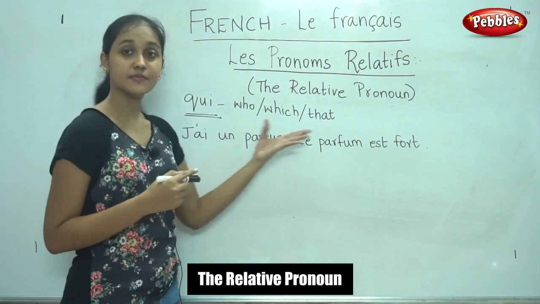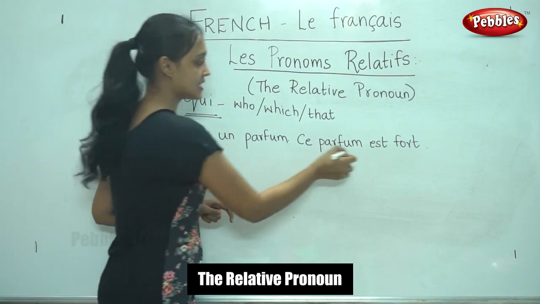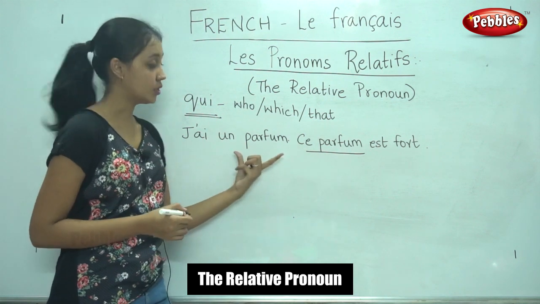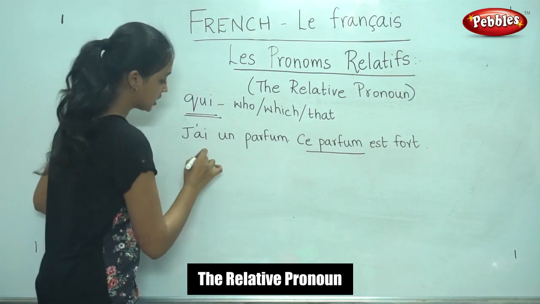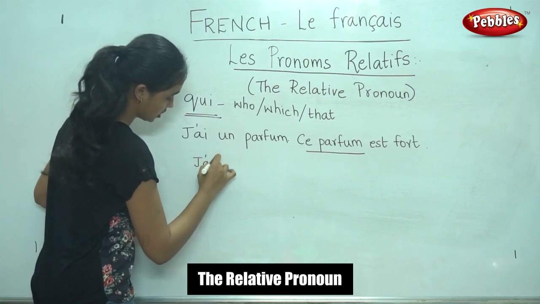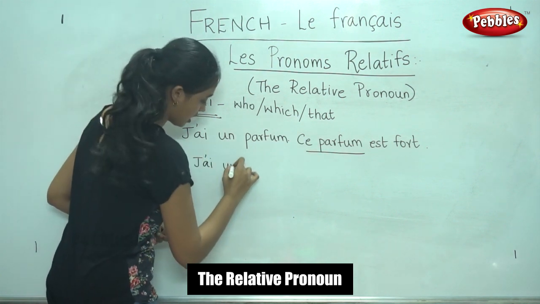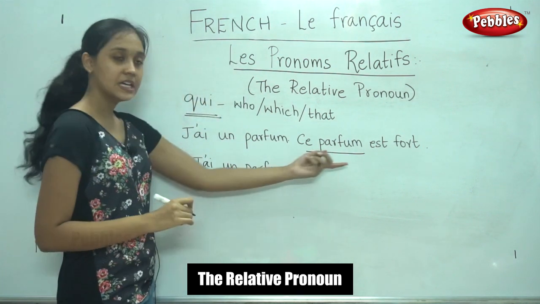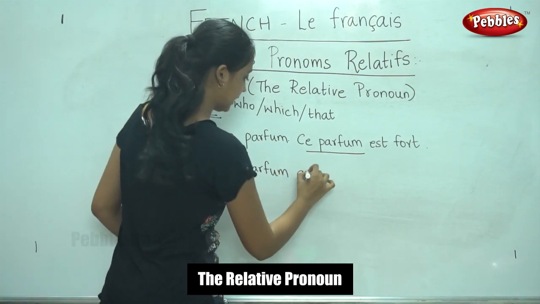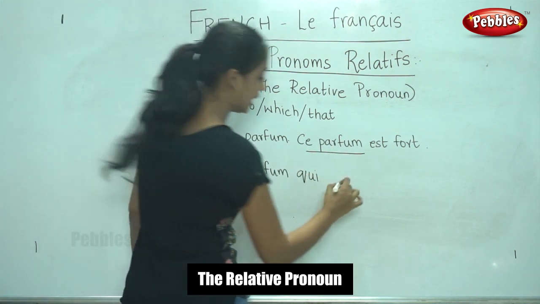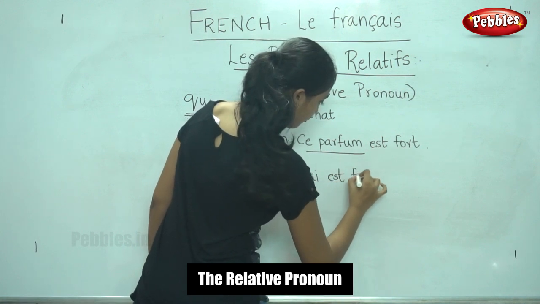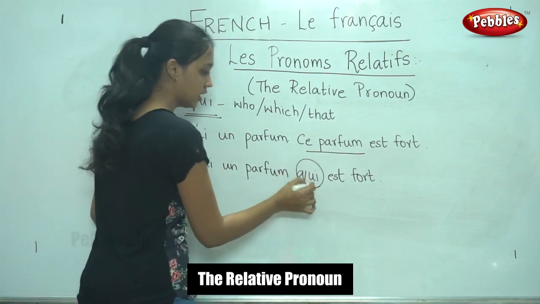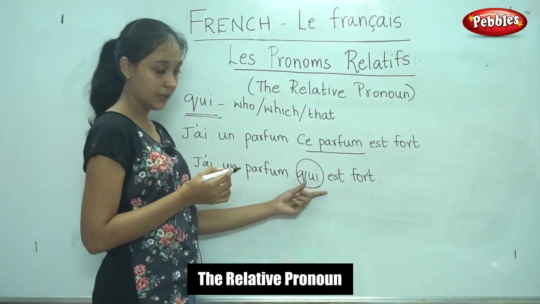Now what is the word that is repeated? It is ce parfum. So how would we join these two sentences? J'ai un parfum qui est fort. So, have you understood the use of the relative pronoun qui?